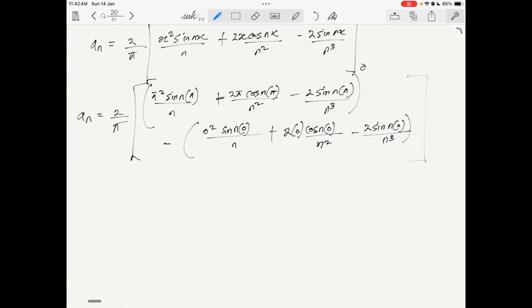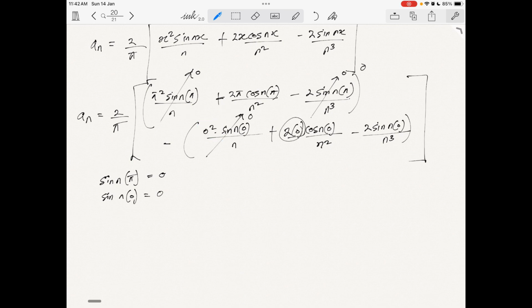So we recall that sine n pi is equal to 0, and sine n of 0 is also equal to 0. So this contains sine n pi, so this term is 0. This contains sine n pi, so this term is 0. This is multiplied by 0, so this term is 0.